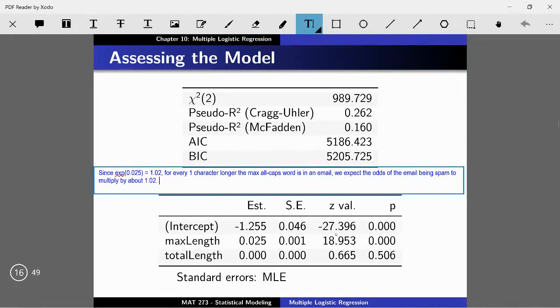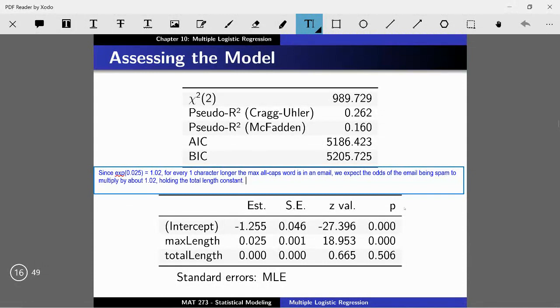Okay. Oh, and important to add, so don't be like me and forget this, after, or I should say, holding the total length constant.